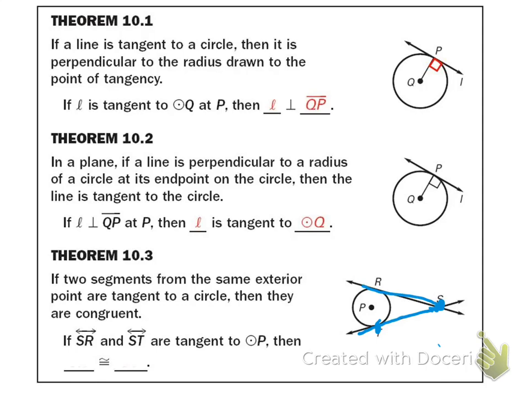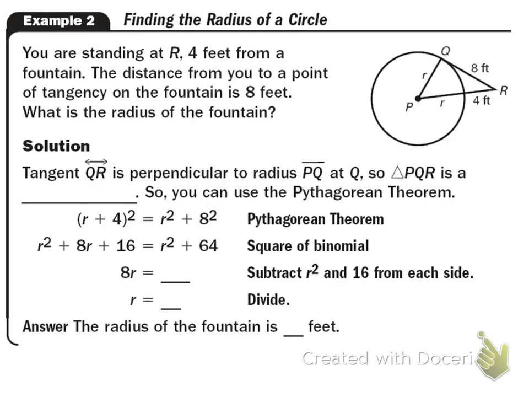If that's true, two segments from that same exterior point, both tangent to your circle, then those segments, according to this theorem, will be congruent to each other. Since these two segments, SR and ST, come from the same external point S, then SR and ST will be congruent to each other. All right, let's look at example 2.